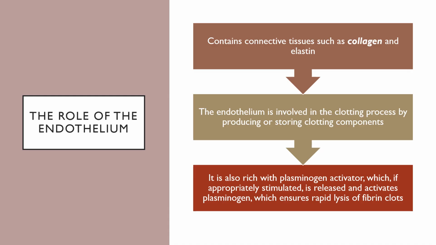If appropriately stimulated, that plasminogen activator is released and activates plasminogen, and that ensures rapid lysis of fibrin clots. So not only are we initiating clotting, we're also regulating. See how those checks and balances are so important.